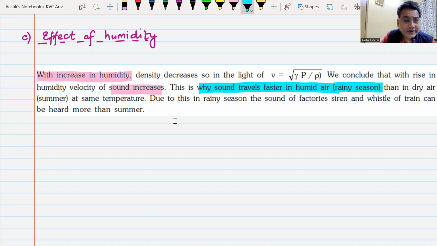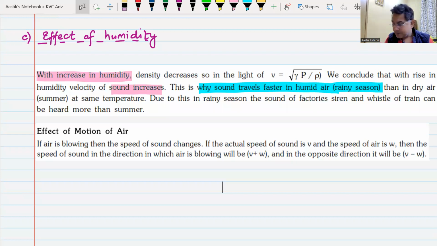Sometimes winds are blowing. If the wind is blowing in the same direction as sound, speed of sound will increase. If the wind is blowing in the opposite direction of sound, speed of sound will decrease. Do we understand this?